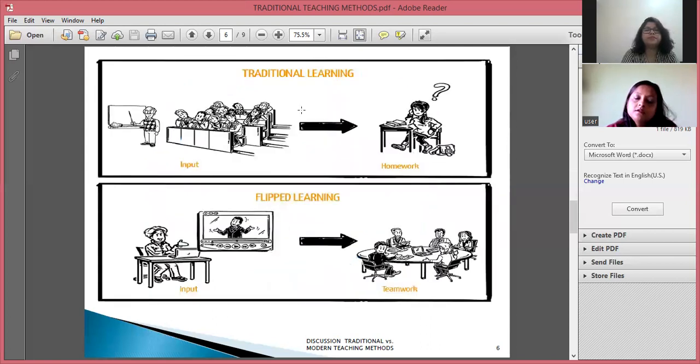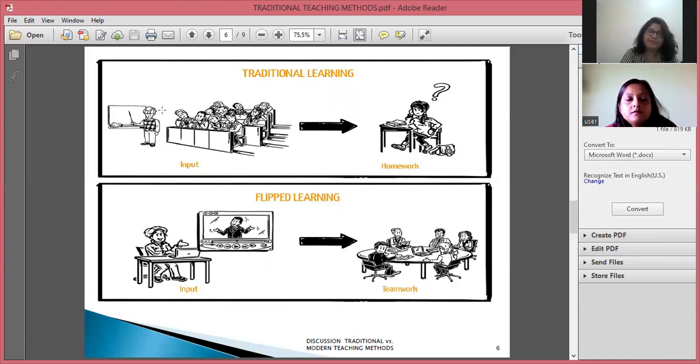Next, this is already shown in the first picture: flipped classroom. This is called flipped learning or flipped classroom. This picture shows that the teacher teaches in the classroom, and this is so boring.